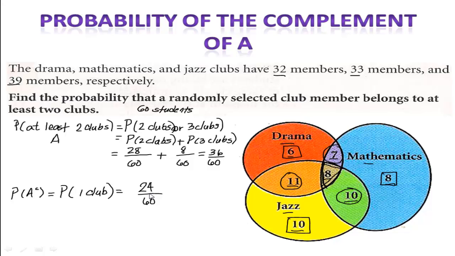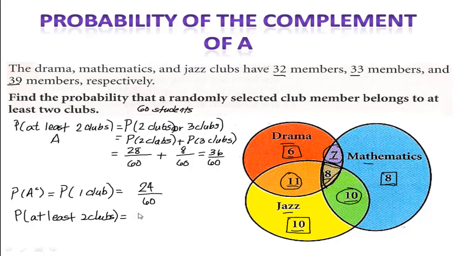when I work with complements, it's just a tool that facilitates me finding the probability that they asked for originally. So originally, I wanted to know the probability of selecting a student that belonged to at least 2 clubs.